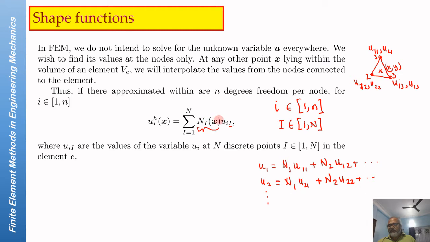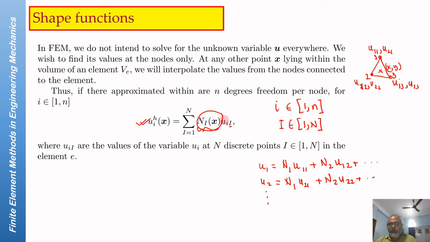So shape functions are basically interpolation functions which allow you to interpolate at any point inside the element the value of a degree of freedom given the values of the degree of freedom at the nodes in the element. So this is an approximation that we always will make, and this shape function will depend on the kind of elements that you have chosen, the element shape, the number of nodes that you have in the element, etc.